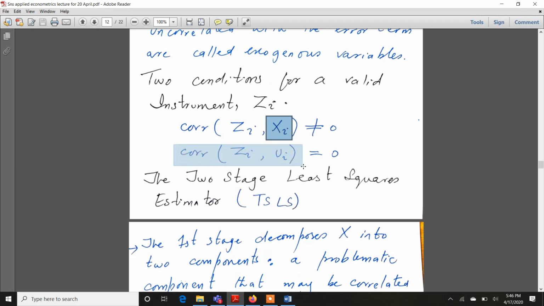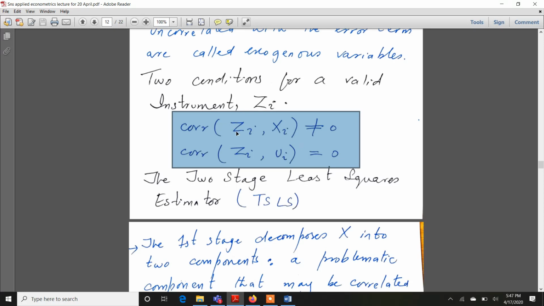And the correlation between the instrumental variable and the random error is 0, right? Why? Because the whole problem started from the fact that the correlation between the regressor and the error term is non-zero. But over here, instead of using that x variable, I'm using the z variable. And what are the two main properties of z? That z is a good proxy of x, but still z is not correlated with u, the random error.